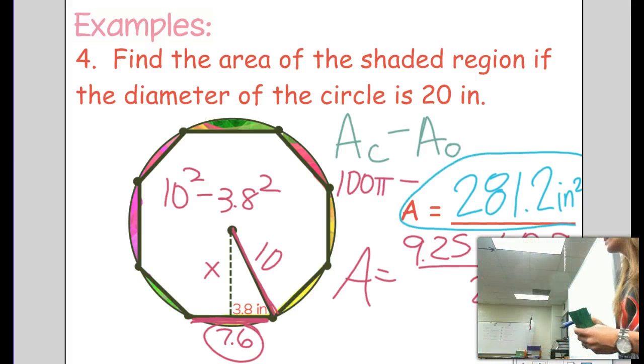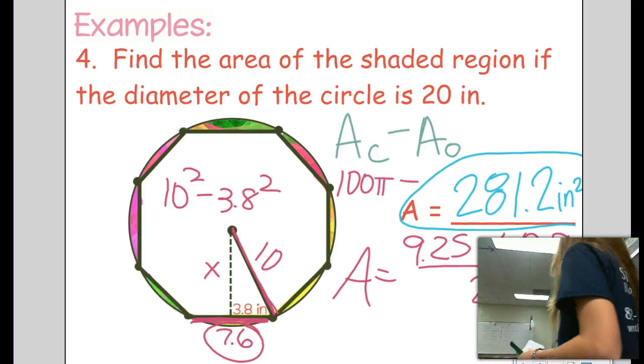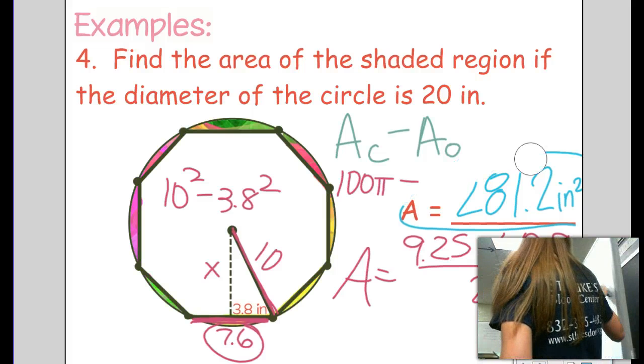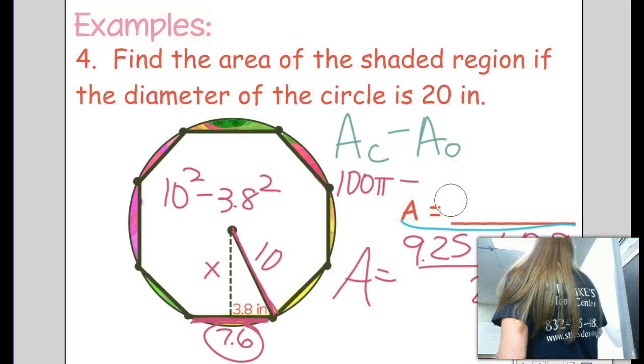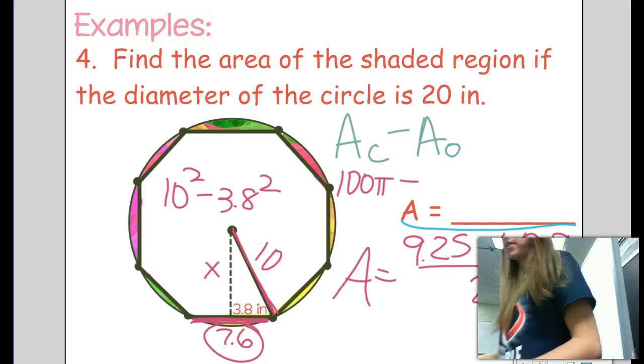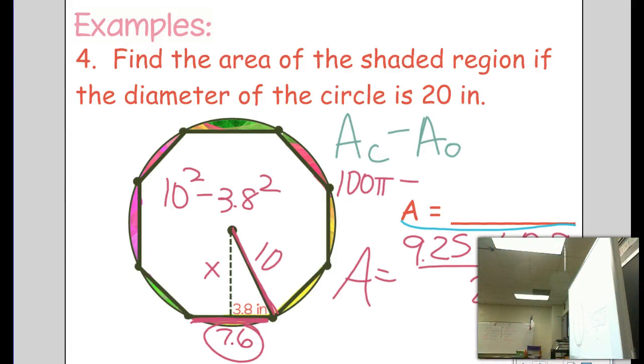I know y'all didn't like that. Thanks, guys. Let's subtract them. 100 pi minus 281.2. You got something different for the area?